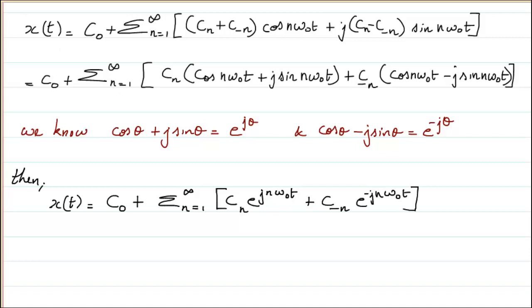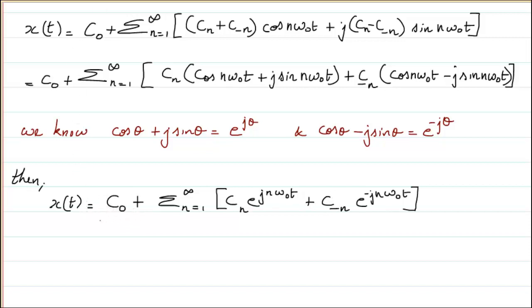I know that e raised to power j theta, here for n the value is from 1 to infinity, and since it is minus n here, it means that here the values will go from minus 1 to infinity, correct? And here C0 means the value of n is equal to 0, correct?